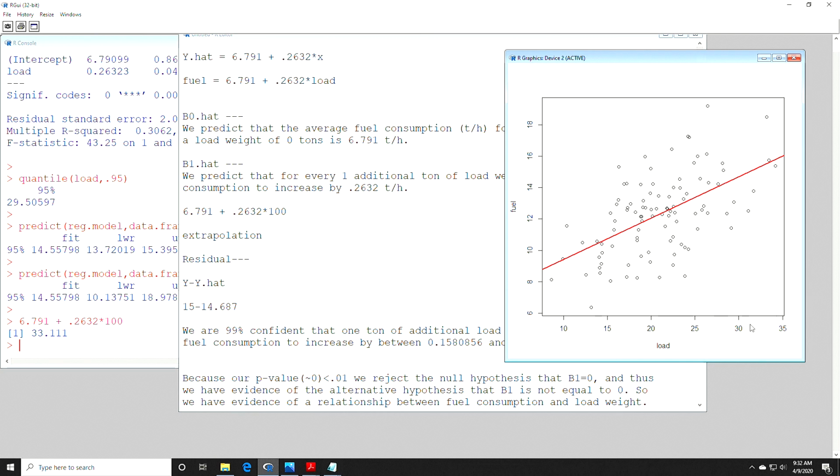We do not have load weights anywhere close to 100. So if you were tasked with predicting such a load weight, the best thing to do is not even bother plugging it into your model, but simply state that you cannot do so based on your model. Your model is not appropriate for predicting such a value.